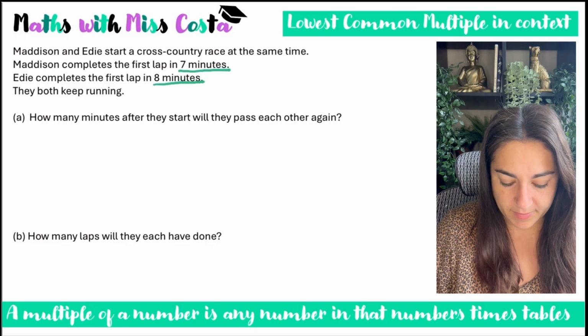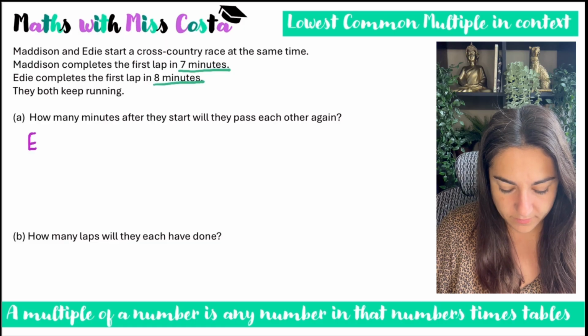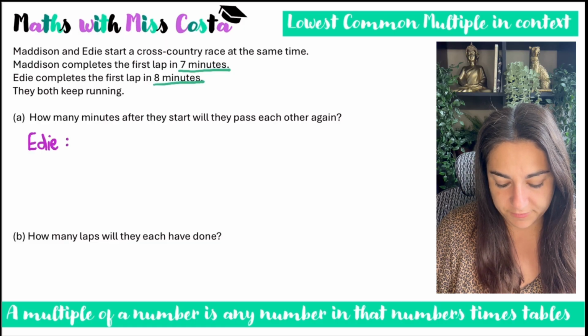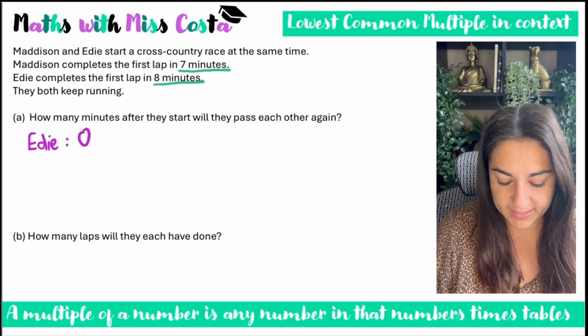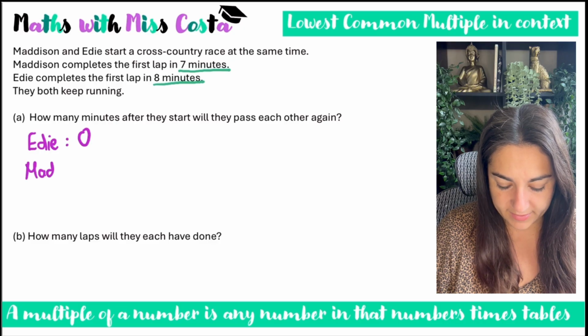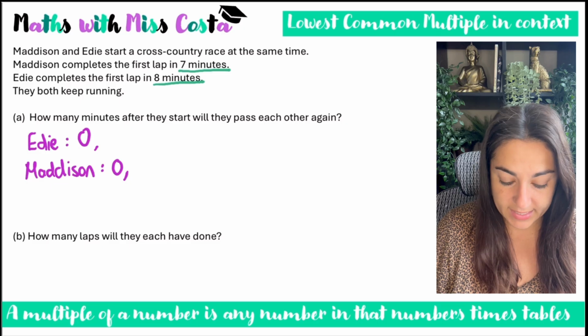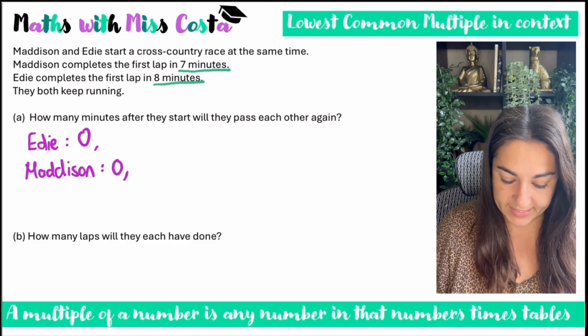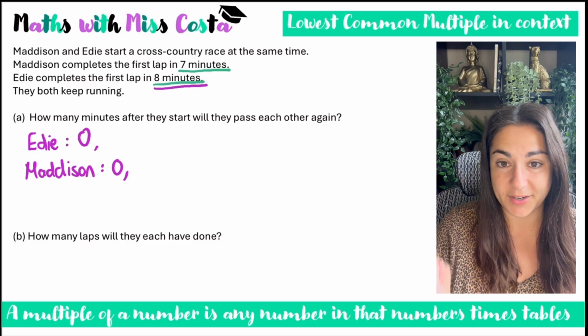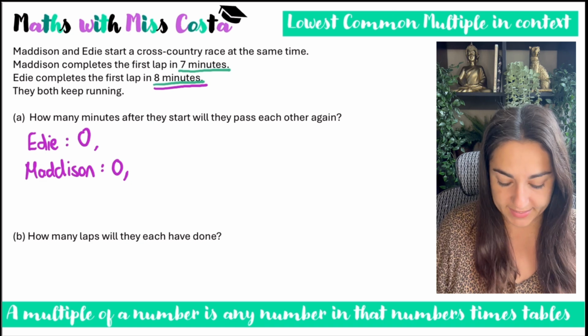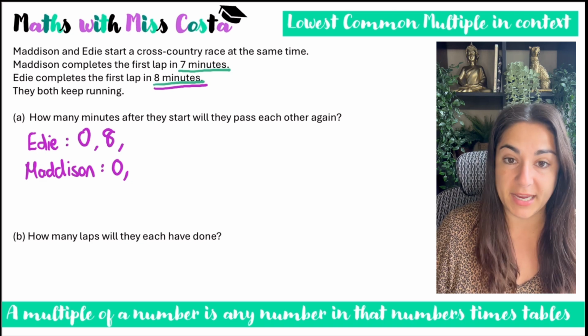So they both start at the same time. So let's put 0 for both of them. So you've got Edie and Madison. They both start at 0 time. Edie completes the first lap in 8 minutes. So each lap she's going to take 8 minutes to do. One lap is going to be 8 minutes.